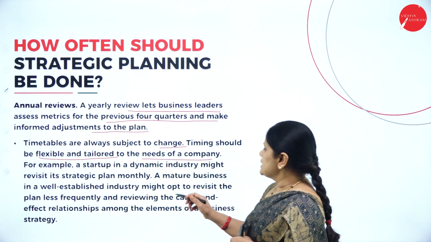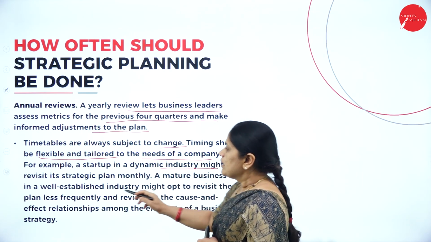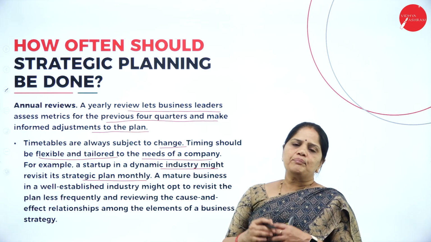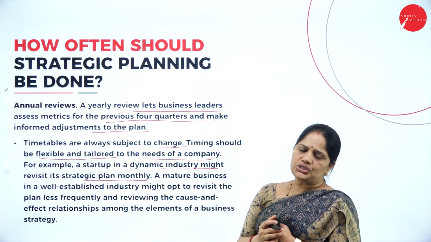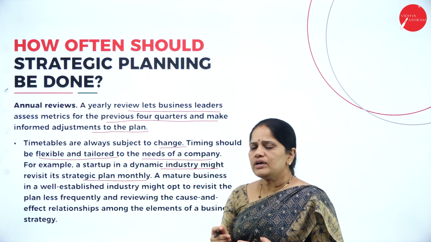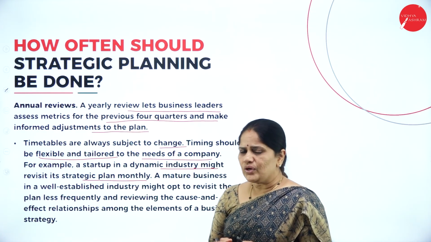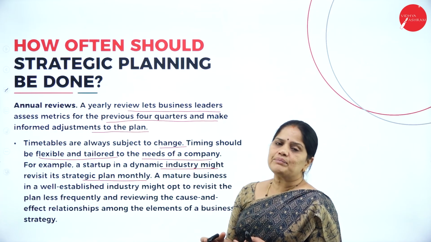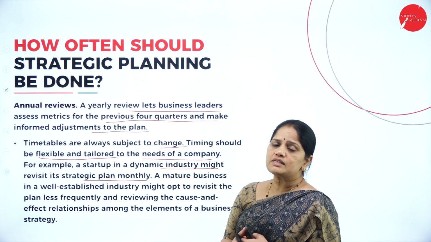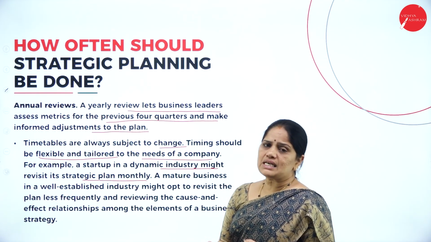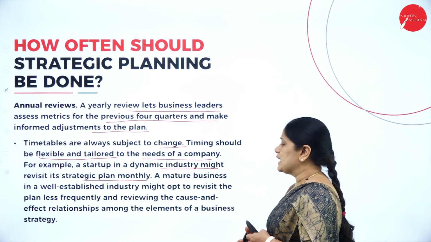For example, a startup in a dynamic industry may revisit its strategic plan monthly. So, it depends on the type of organization in which you are working. If it is a startup, a new budding company, then they will have a review every month about how their progress is moving. But if it is a well-established company, you don't need such close reviews any longer.